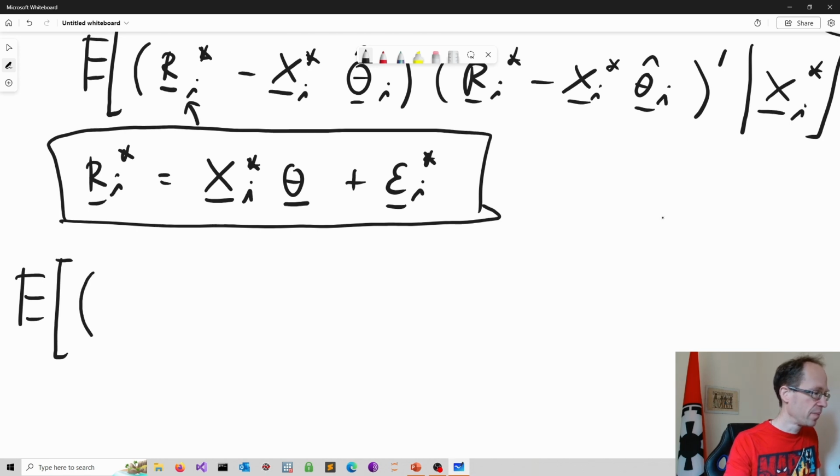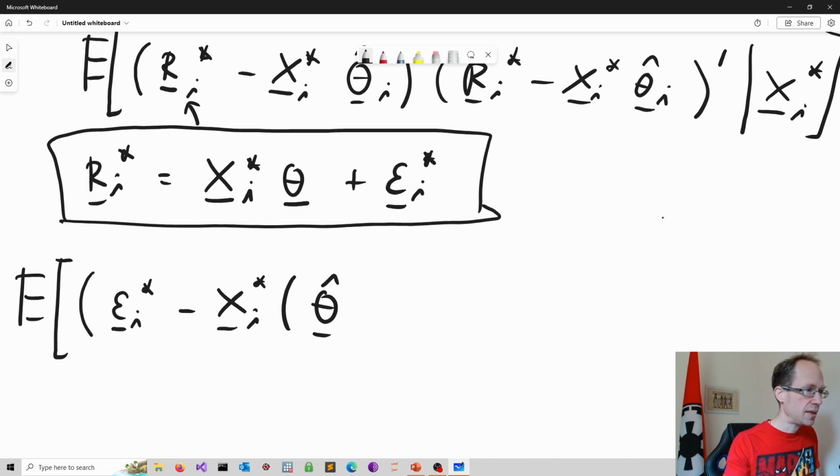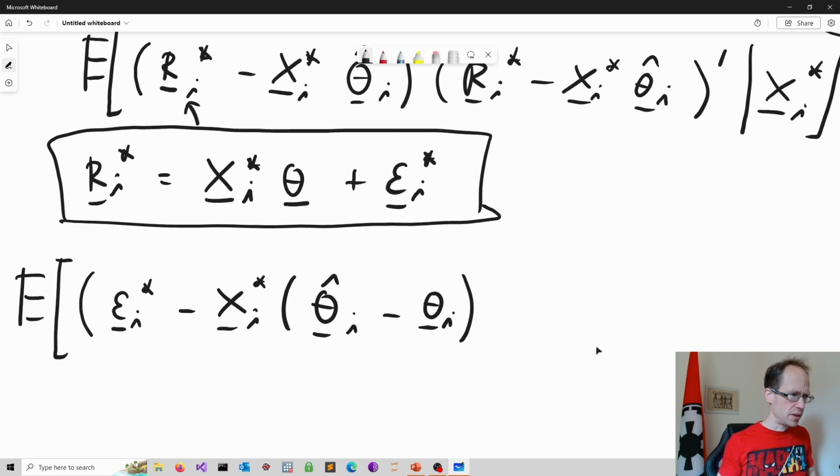That's what it is. So we end up here with epsilon I star. Note it's not the hat, so that's not my abnormal return. This is based on my normal return model. Then I can put the data matrix out, and in here I have my theta hat minus the true parameter value.